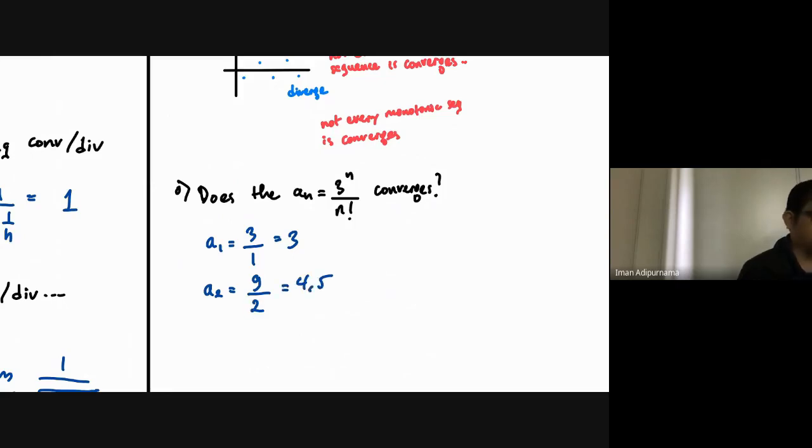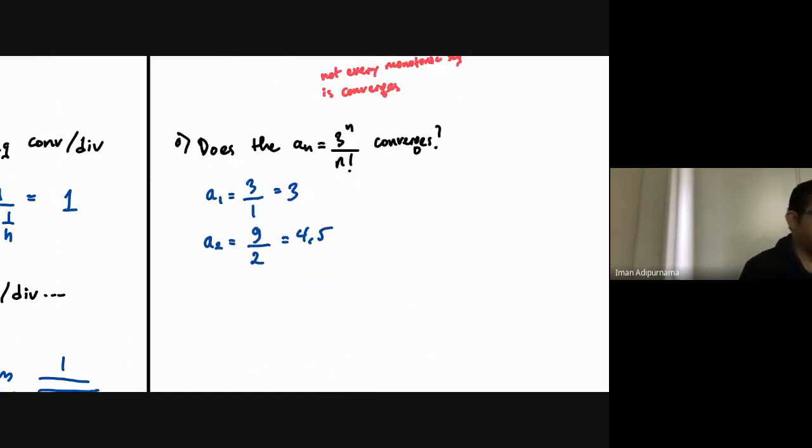Or 4 and a half. And then try n equal 3. It will be 27 divided by 3 factorial, 6, right? So it will be the same, 9 over 2, right?